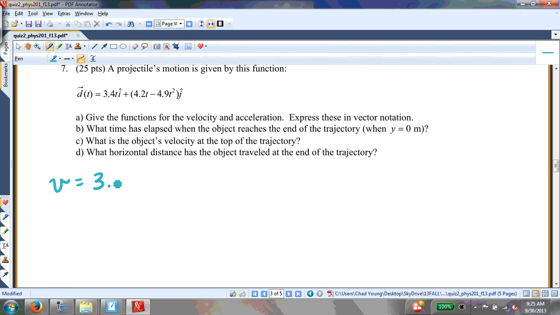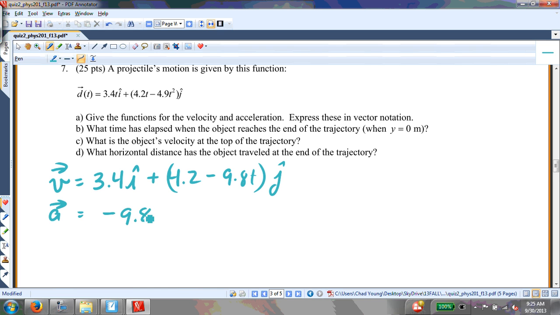So it's going to be 3.4i plus (4.2 minus 9.8t) in the j direction. And then my acceleration is going to be the derivative of my velocity. So that's just going to be minus 9.8 in the j direction. So notice that this is just a projectile motion problem.